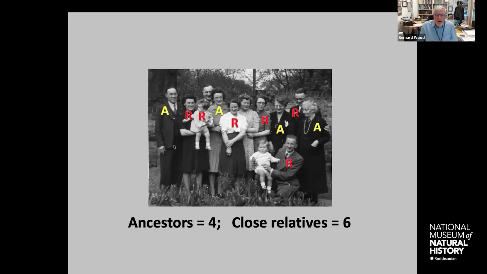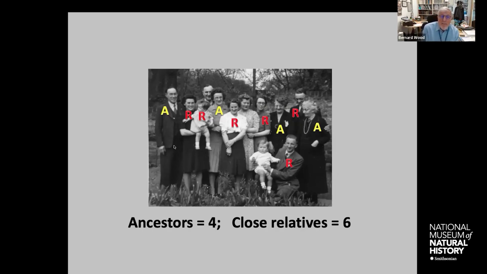Well, you don't have to be a genius to realize who I am there. However, in this picture, there are more close relatives than there are ancestors. The only ancestors of mine in that picture are my father's father on the left. My mother is the next A. My father was still away in the war at the time.